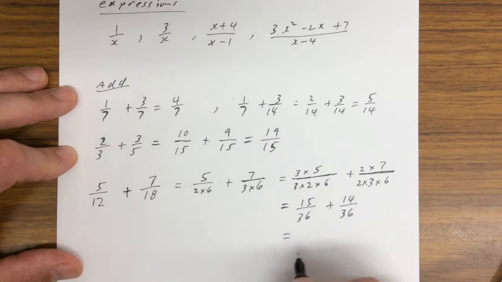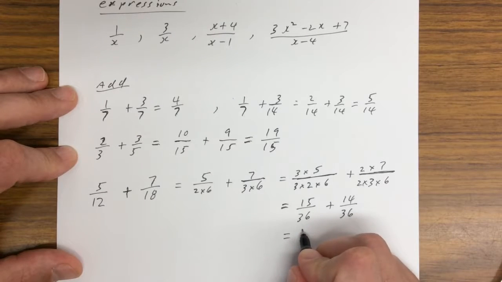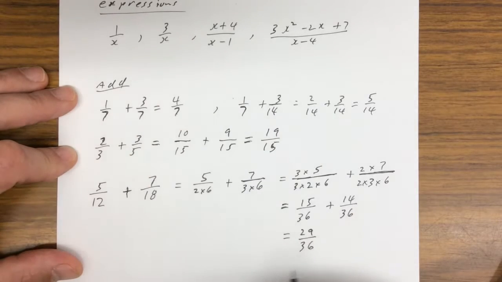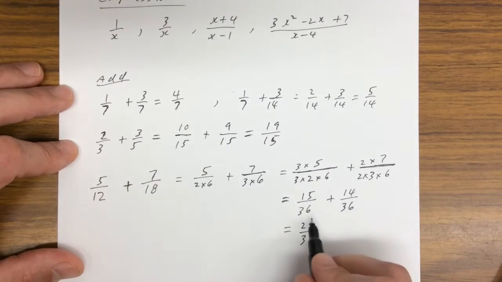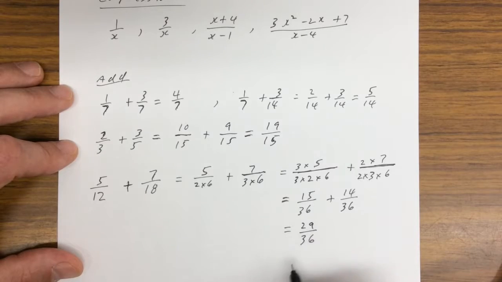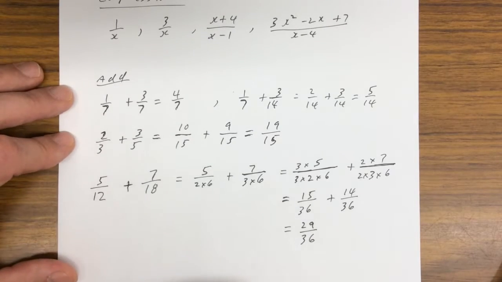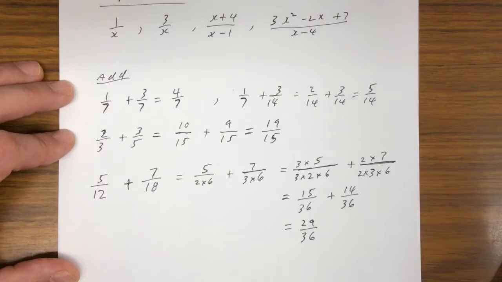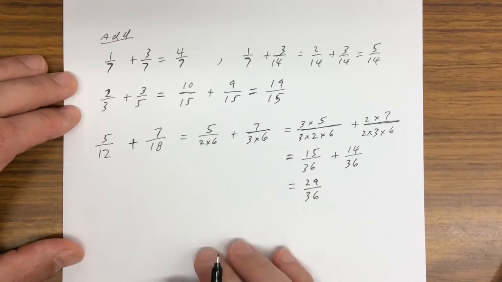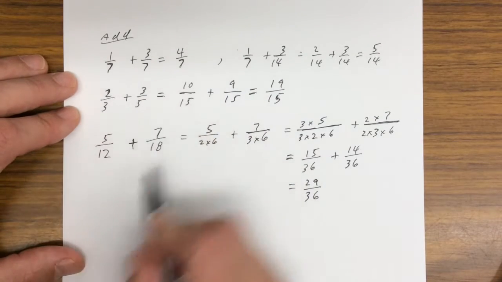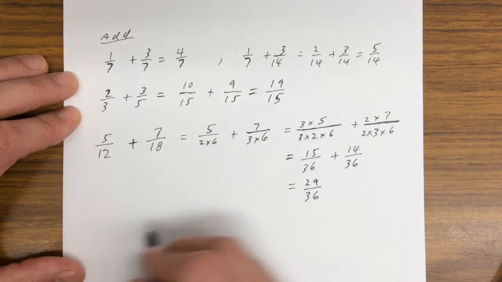And then we can add those, and we get 29 over 36. Okay, that's by doing it with the lowest common denominator. So that's adding. Now, what about multiplying? Well, subtracting is the same. You just put a minus between them, and you actually subtract the numerators.